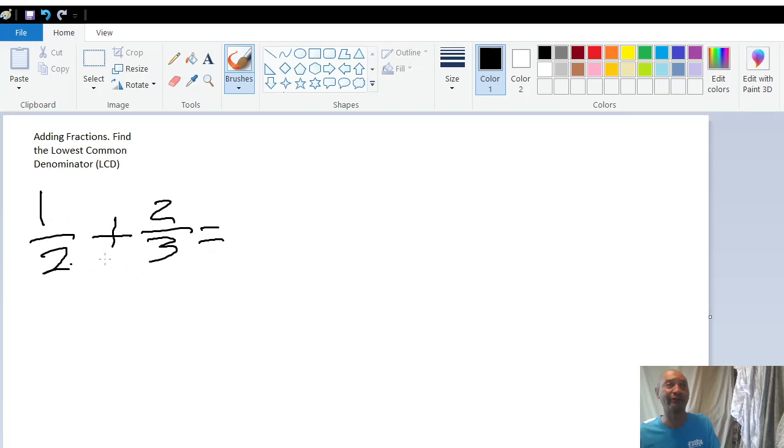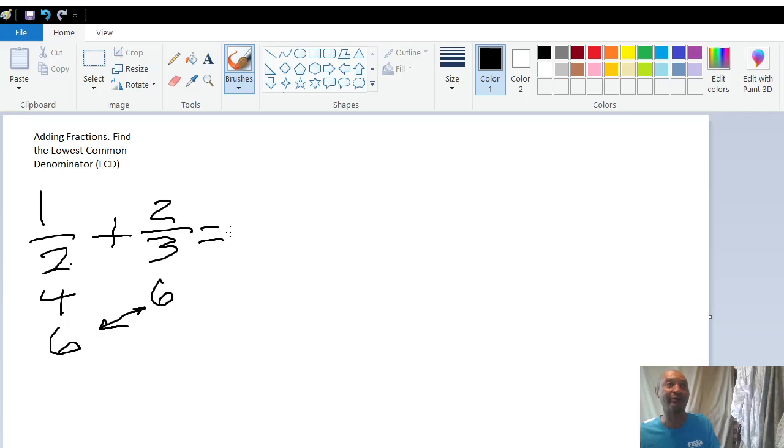So in this case, the lowest common denominator of 2 and 3, we just go the different factors of 2: 2, 4, 6, and over here we can go to 6. So we're already at the lowest common denominator, which is 6.